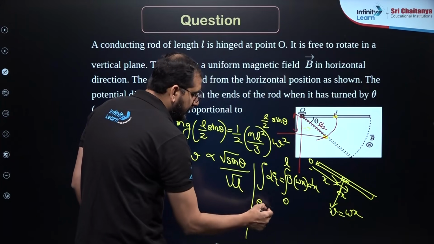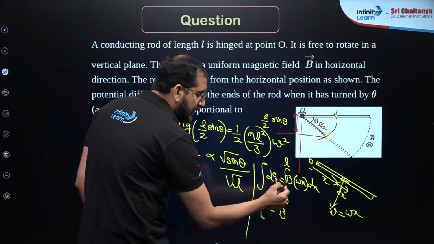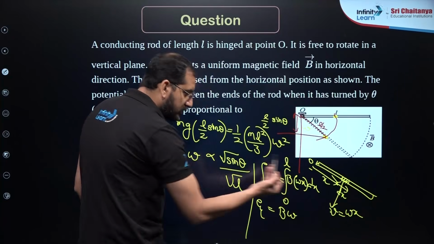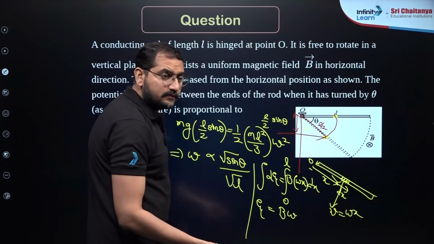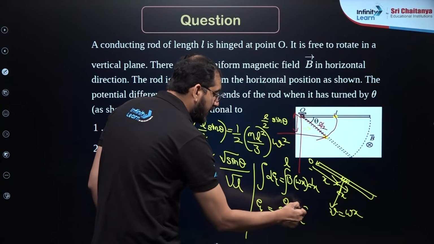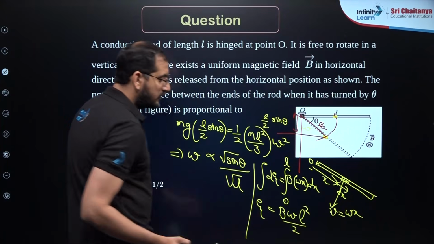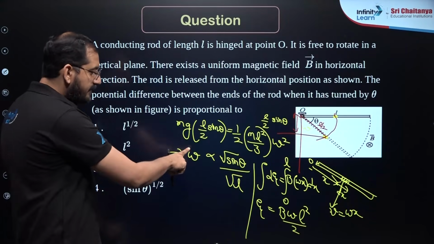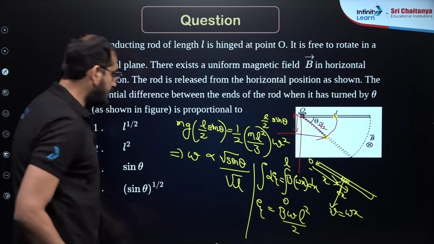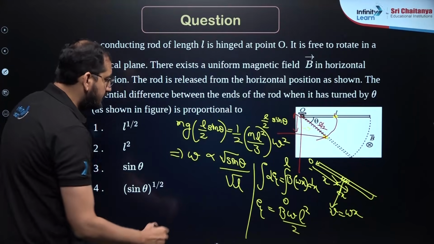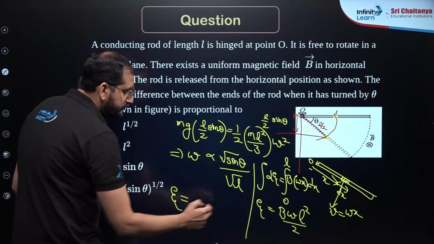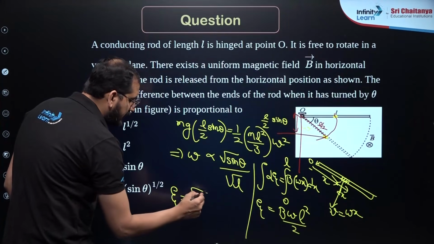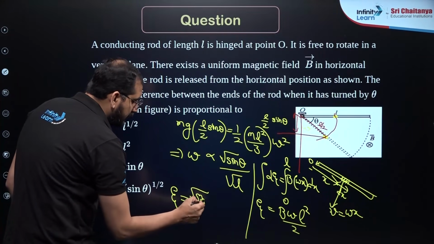So after integrating, B as it is, omega will also come out of the integration sign. Integration of x is x square by 2. After putting the limits, you will get L square by 2. Okay. Alright. Now we have this omega, and I'm going to plug this value of omega inside the EMF. So EMF E will be proportional to, for omega, root sine theta.